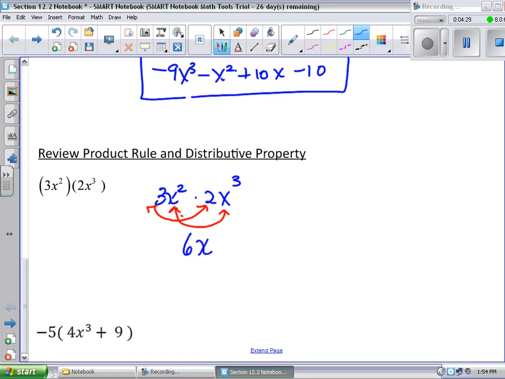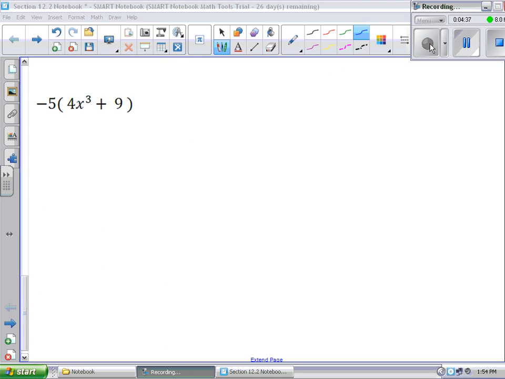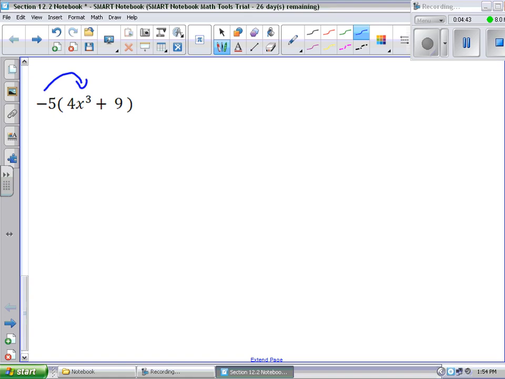So I'll have x to the 2 plus 3, which would be x to the 5th. Now let's multiply negative 5 times 4x cubed plus 9. Negative 5 times 4x cubed would be negative 20x cubed, and negative 5 times positive 9 would be negative 45.